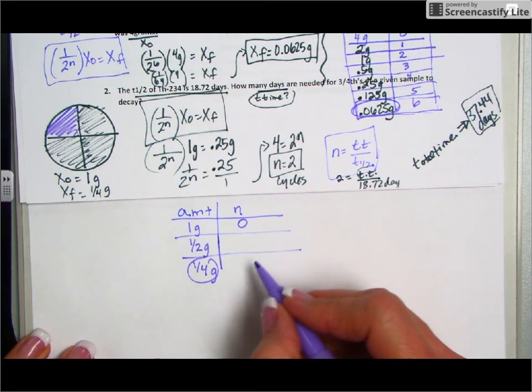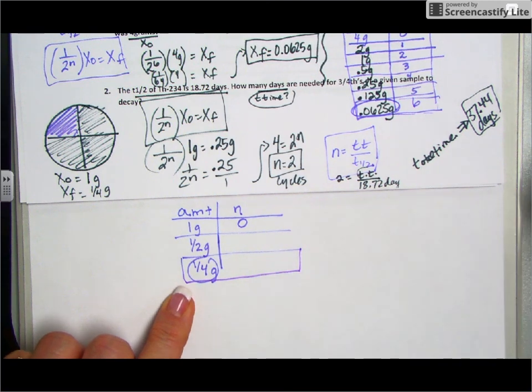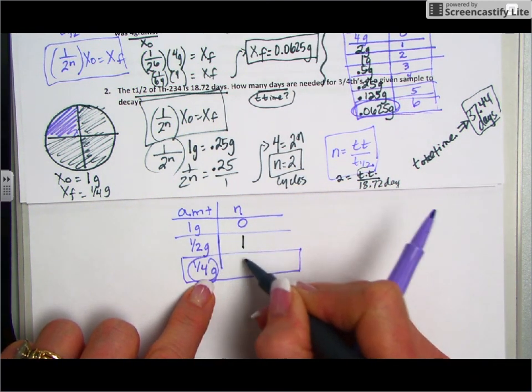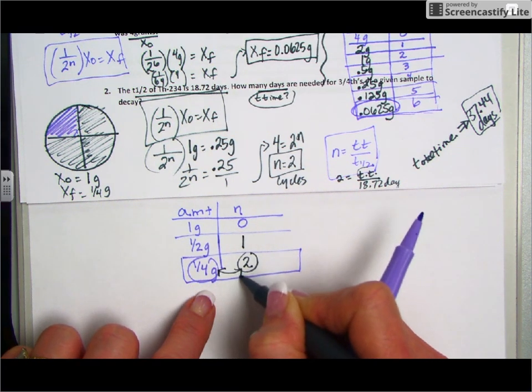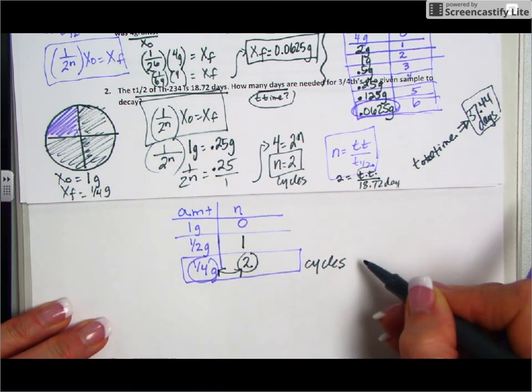All right, so you can look then, if we think it through, this is where we're stopping. So we went through 1, 2 cycles to get to 1/4. So 2 cycles have occurred.